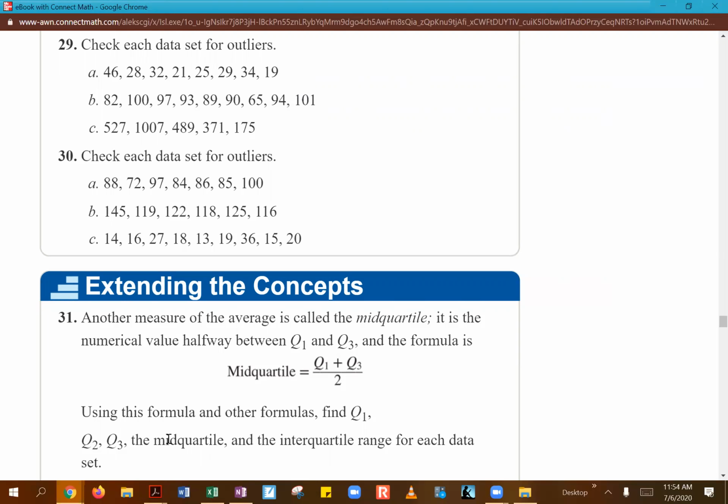Okay, so of course the first thing is to put this in order from smallest to the largest data value.